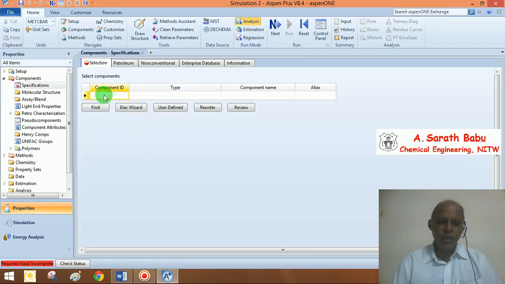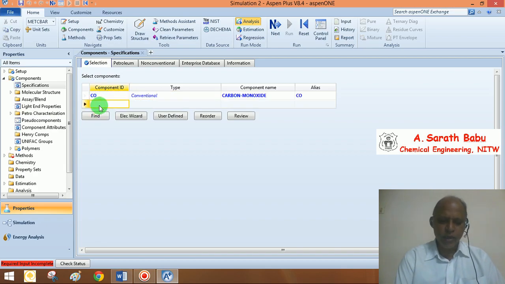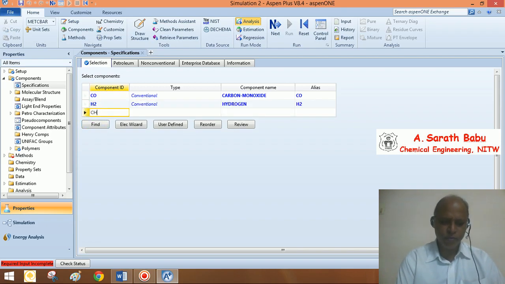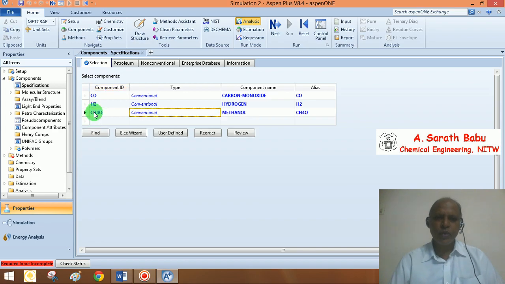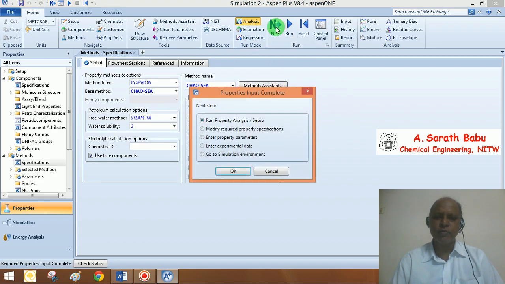Now as is the case, the first step is to define the components involved in the problem: carbon monoxide, hydrogen, and then methanol. So having defined the components, the next step is to choose a property model. Let me choose Java Cedar. Go to next. Go to simulation environment.